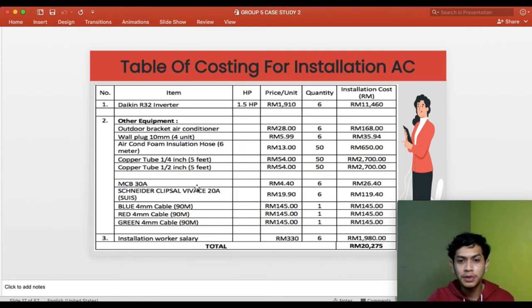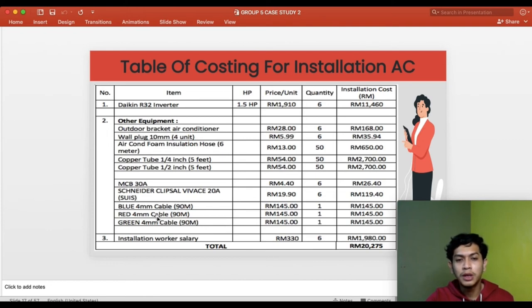MCB 30 ampere, we buy 6 units because we have 6 aircon, so 26.40 cents. So this is the Swiss, so we buy 6, which costs 119.40 cents. So the next one is the blue, red and green cable.